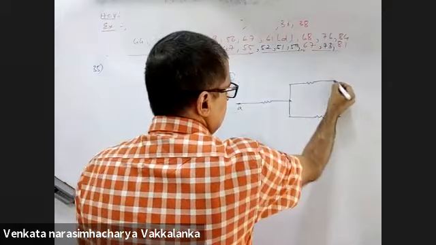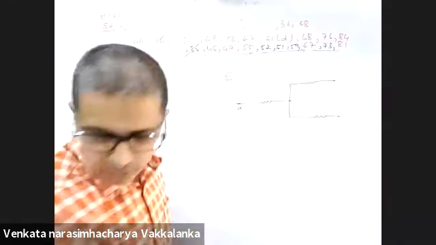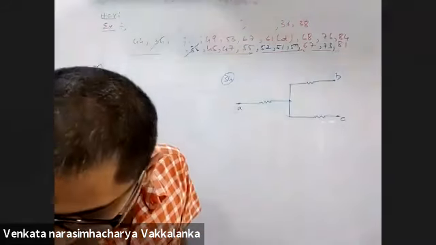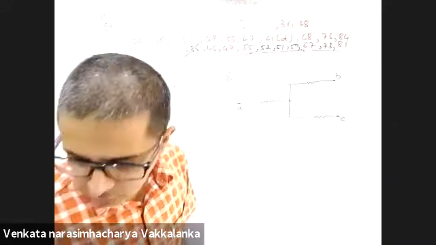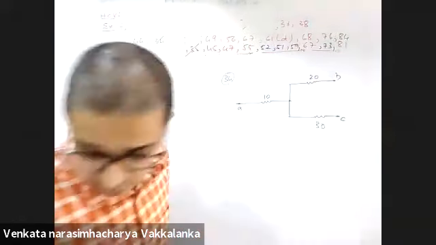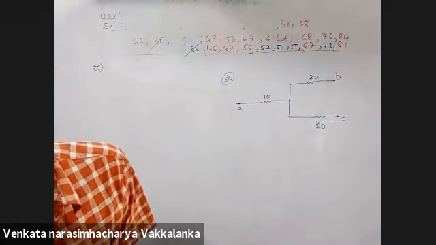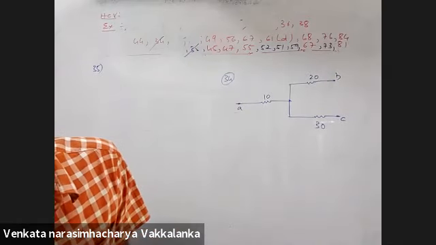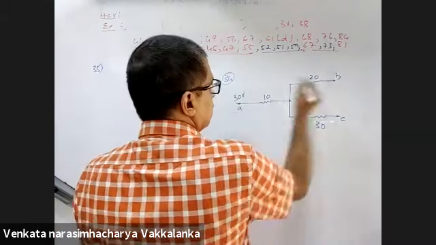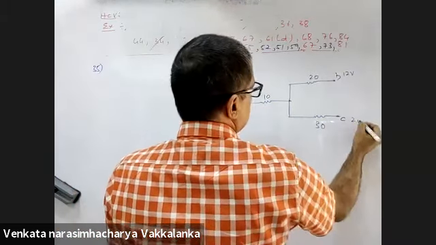34. This is A, this is B and C. 10, 20, 30. Did I take them correct? Potentials at the points A, B, C are 30, 12 and 2 volts.